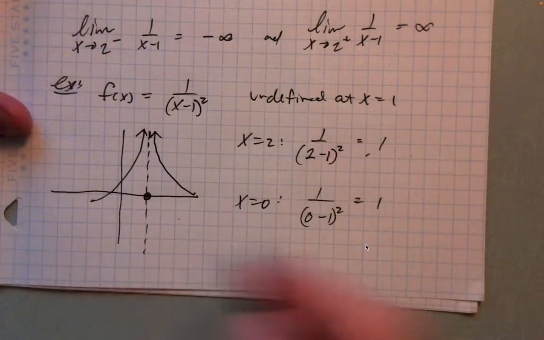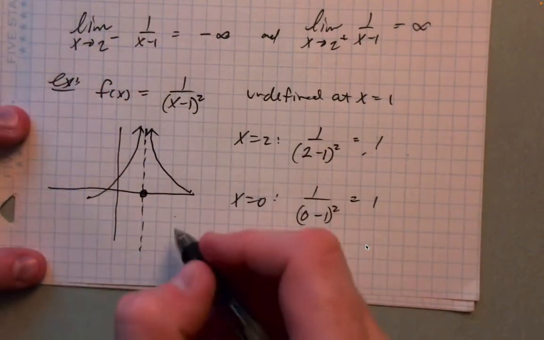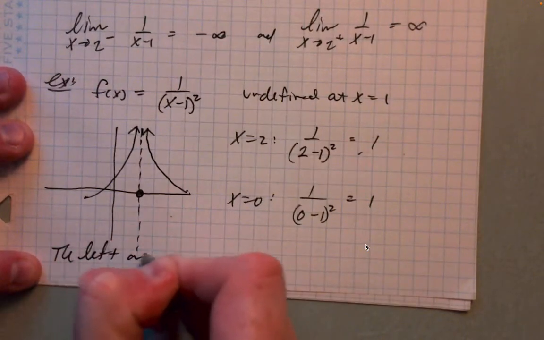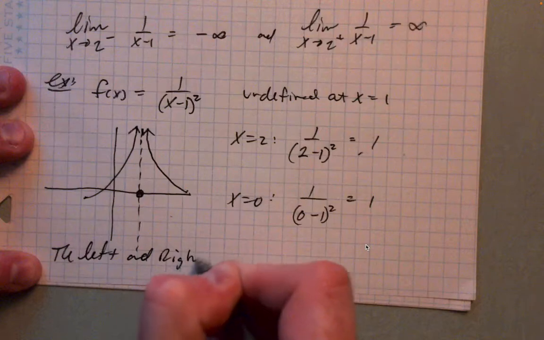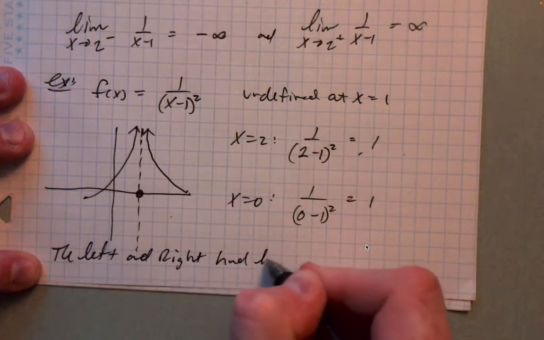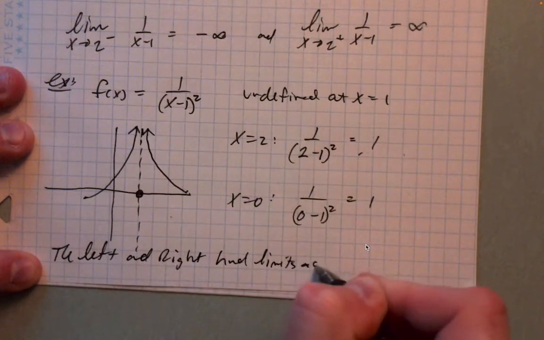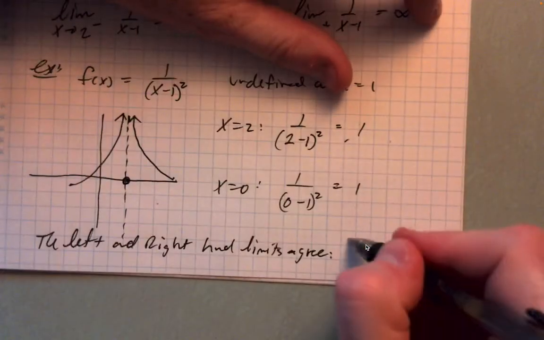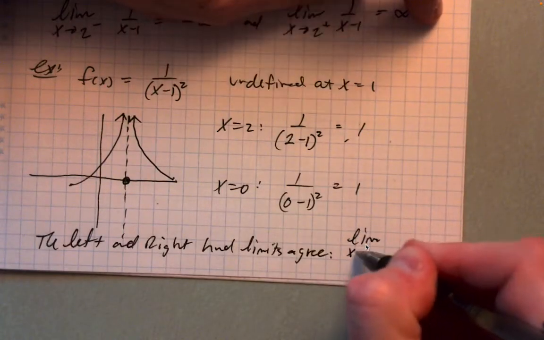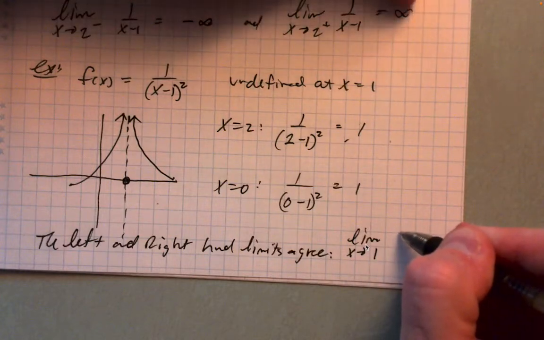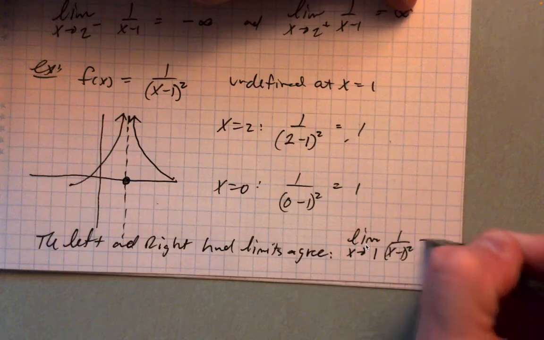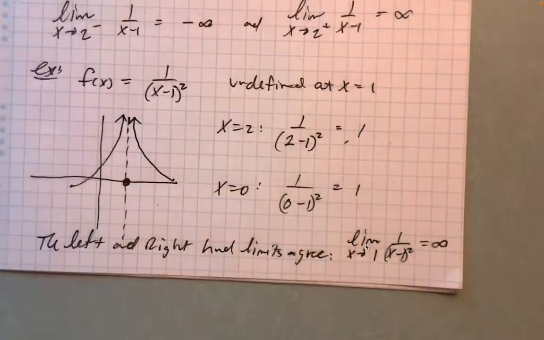So in this case, we would say that the left-hand and the right-hand limits agree. Okay, so the left and right-hand limits agree. So that means that the overall limit is, in this case, positive infinity.